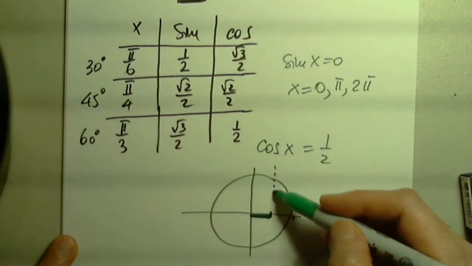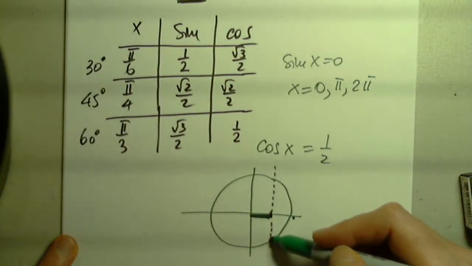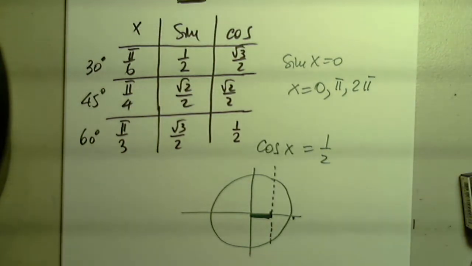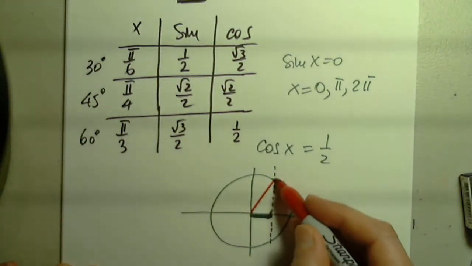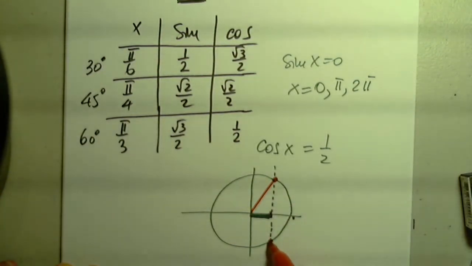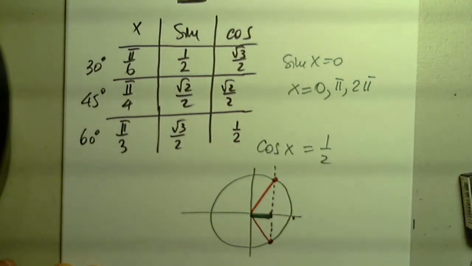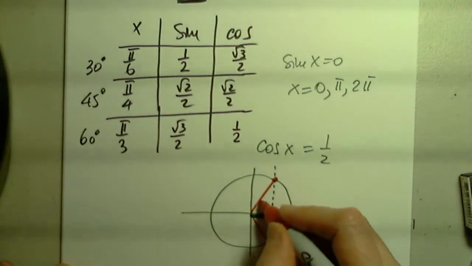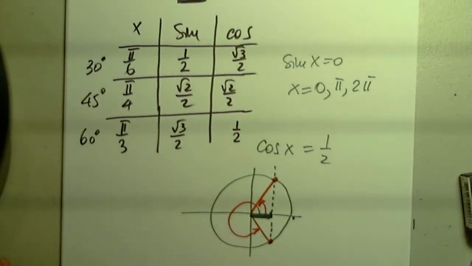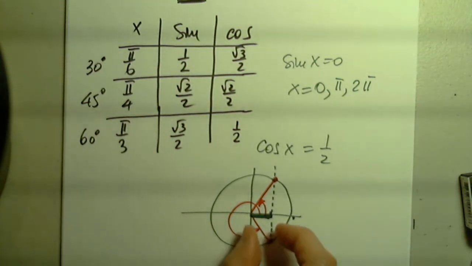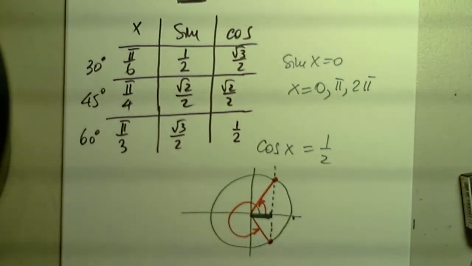Draw a vertical line, and that's how you get your two angles. Here is one angle, and here's the other angle. Both of them have the same cosine, which is 1/2.